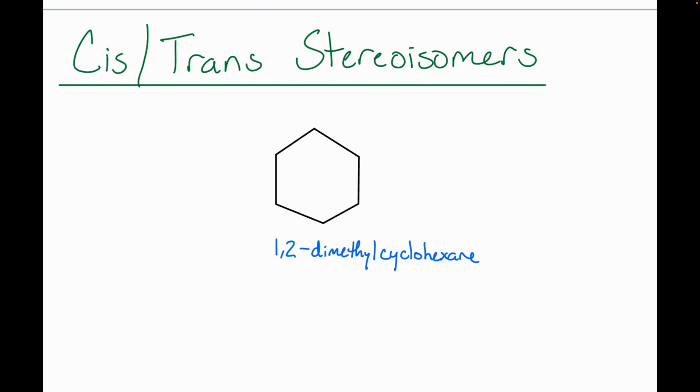Now that we have two substituents on that ring, we have to include the location. We have to build the locant into the name. If it's 1, 2, that simply means that those two methyl groups are right next to each other. Okay?